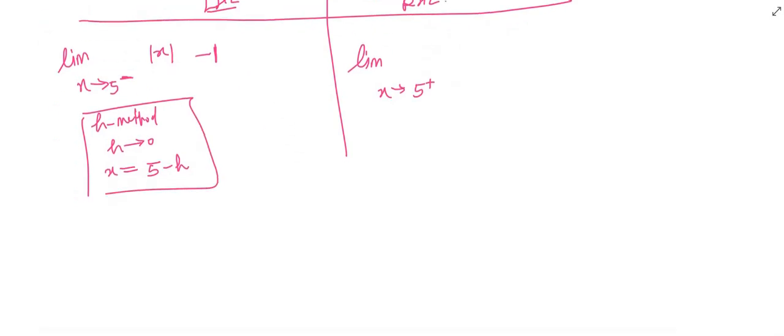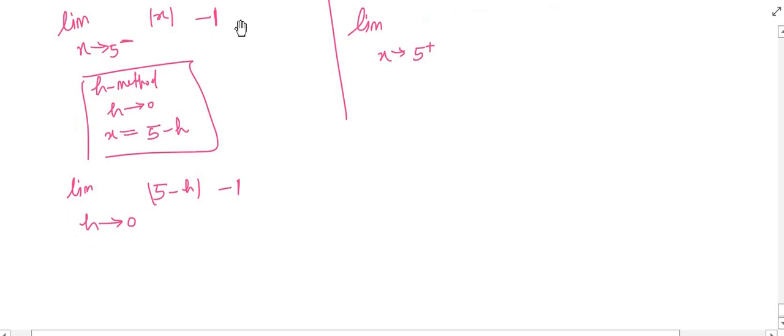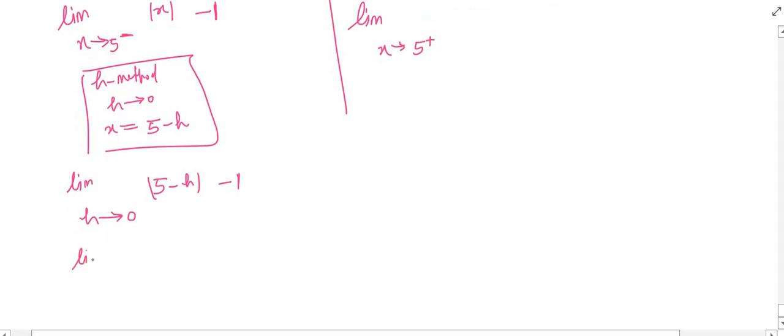Okay, so it is limit h tending to 0 of 5 minus h minus 1. How to remove mod? Limit h tending to 0, 5 minus h will be some positive number only. Why? Because h is a very tiny number.